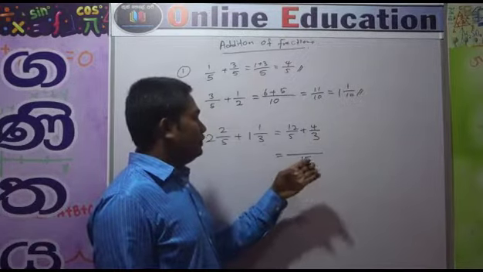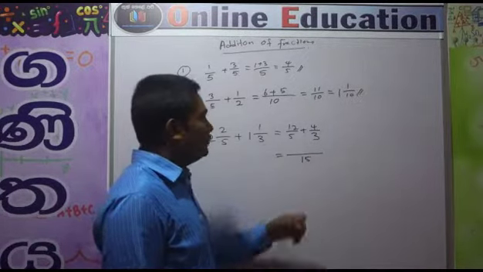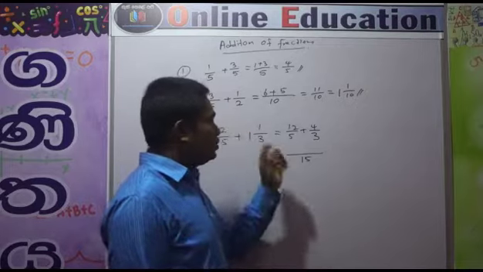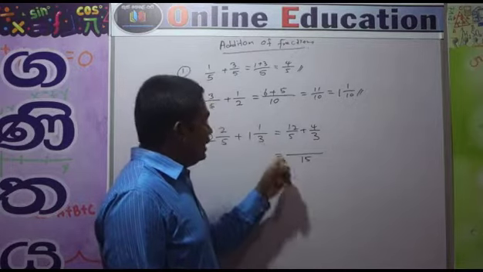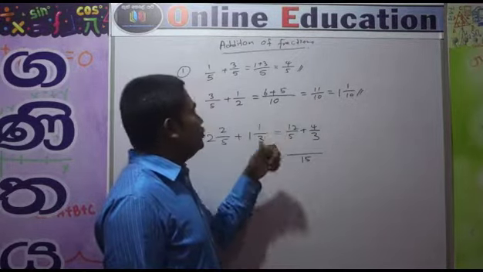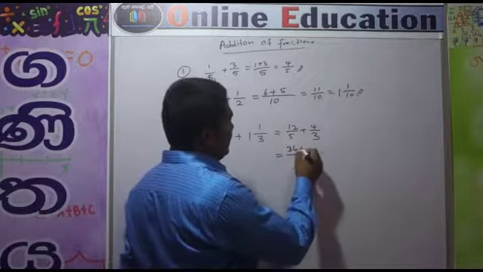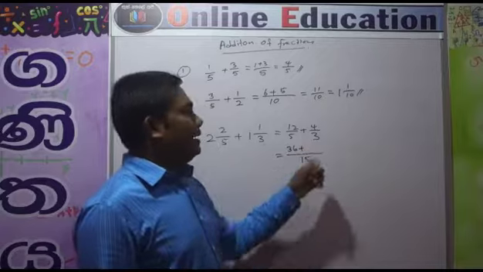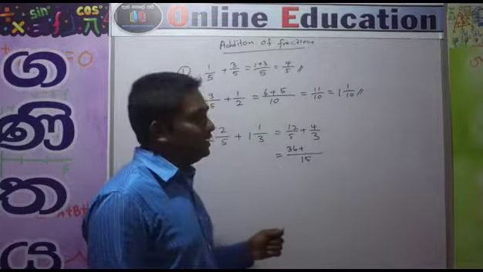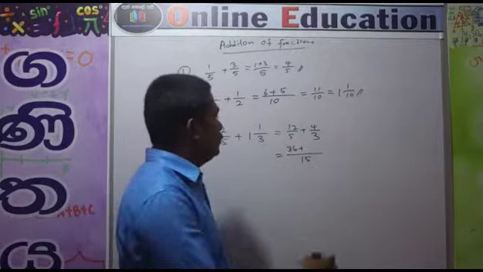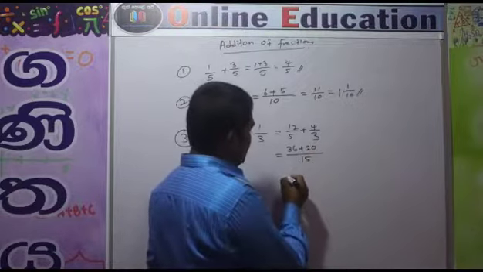Now you need to divide 15 by 5. How many 5s for 15? 3. There are 3 5s for 15. Then that 3 needs to be multiplied by 12. 12 into 3, 36. Plus 15 divided by 3, how much? 5. 5 into 4, 20. Right, we'll see.